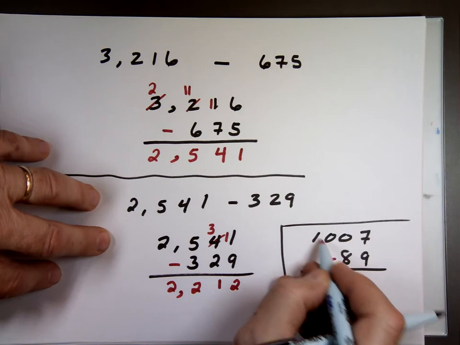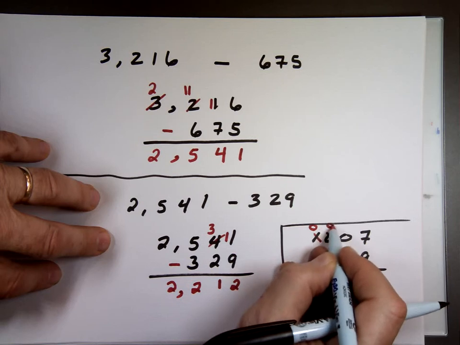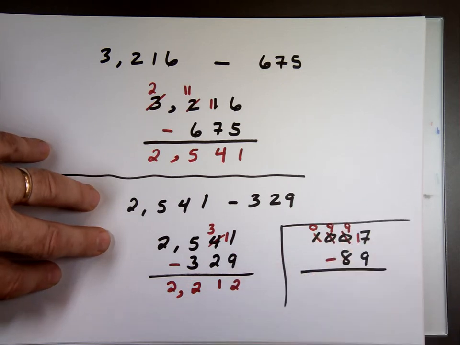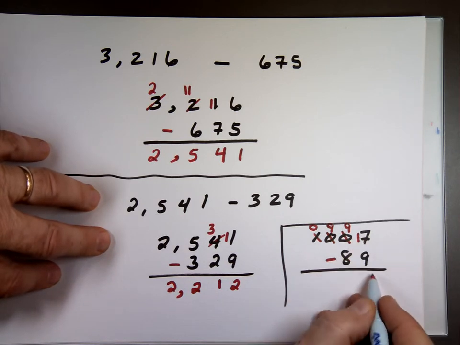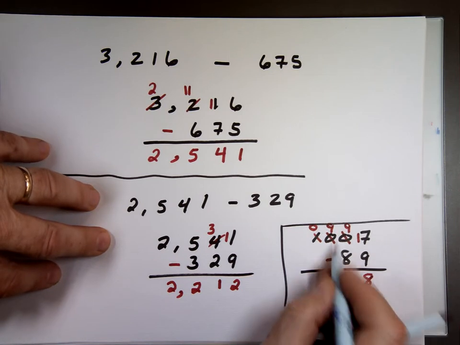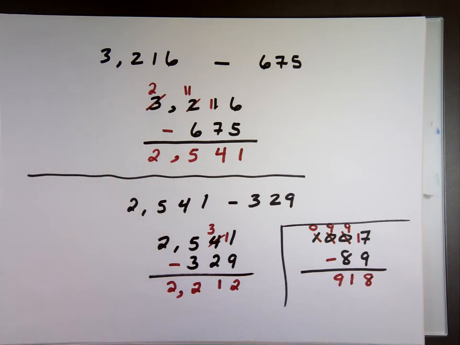So this becomes 0. This becomes 9, this becomes 9, and this becomes 17. 9 from 17, 8. 8 from 9, 1, nothing from 9, 9. $918. So you have to go all the way here to borrow 1 from that.